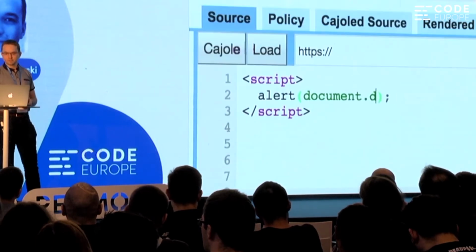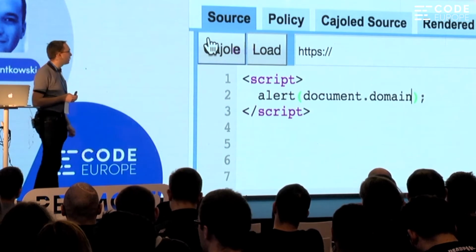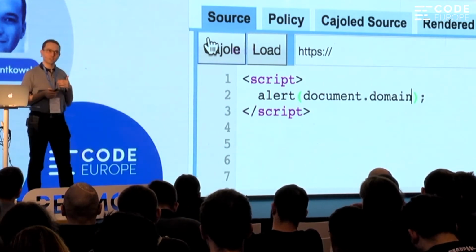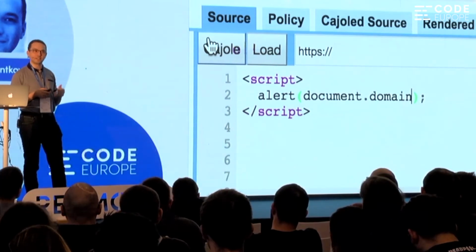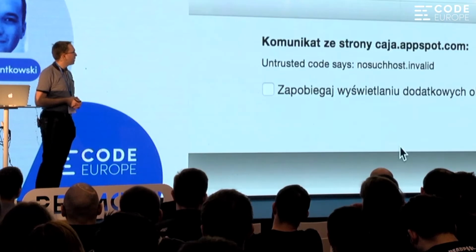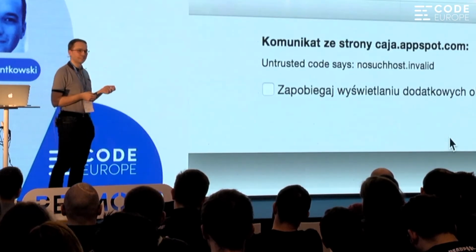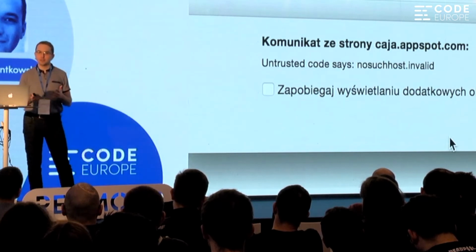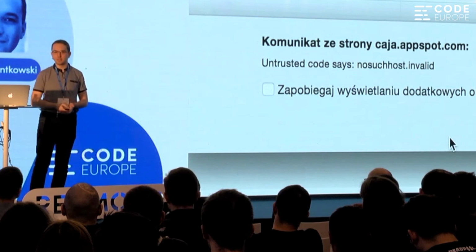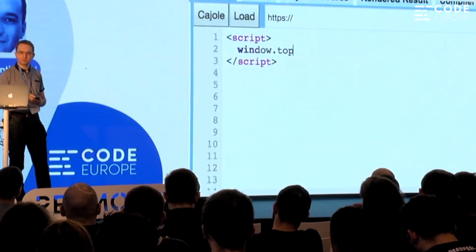OK, another example of XSS payload that is often used is alert document.domain, because we want to know in the context of what domain the JavaScript executes. So we press Cajole, and we can see that there is some fake domain, no such host, that invalid. So Caja actually executes in some sandboxed fake domain. And let's try the last example.